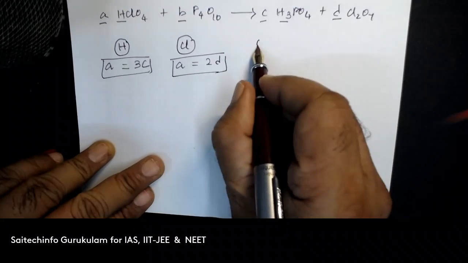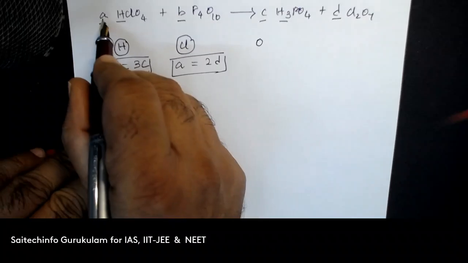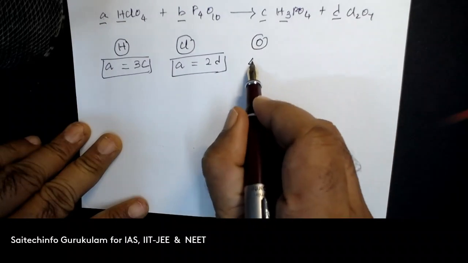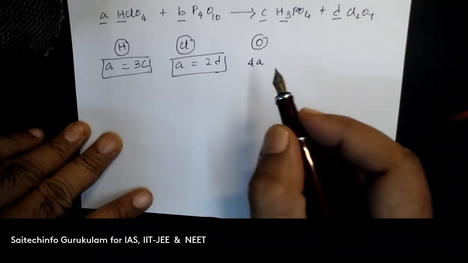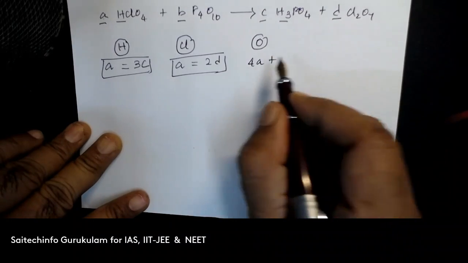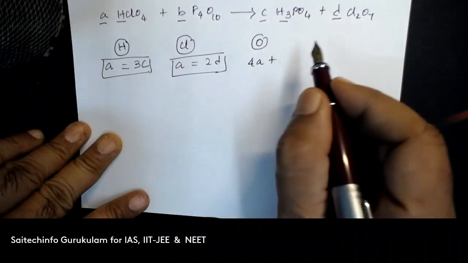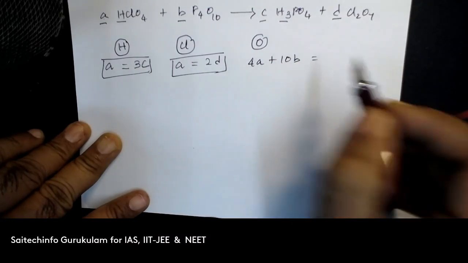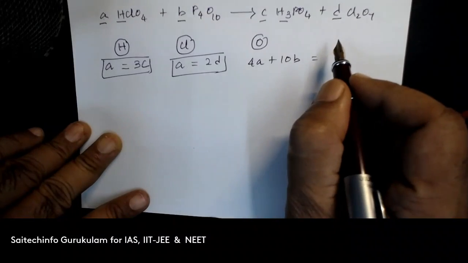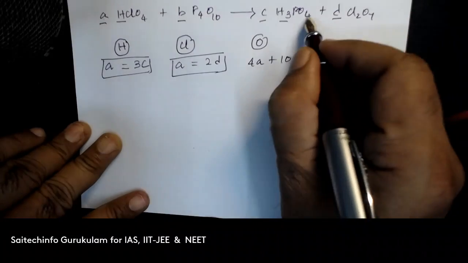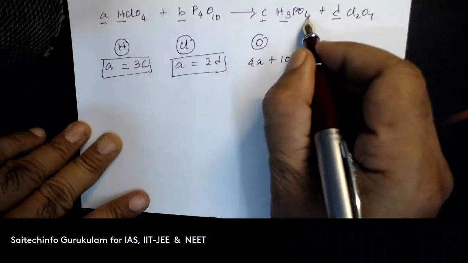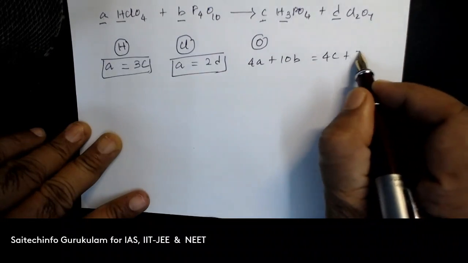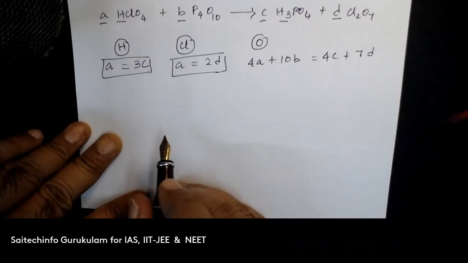And oxygen: 4A oxygen plus 10B oxygen is equal to, on the right hand side, 4C oxygen plus 7D oxygen.